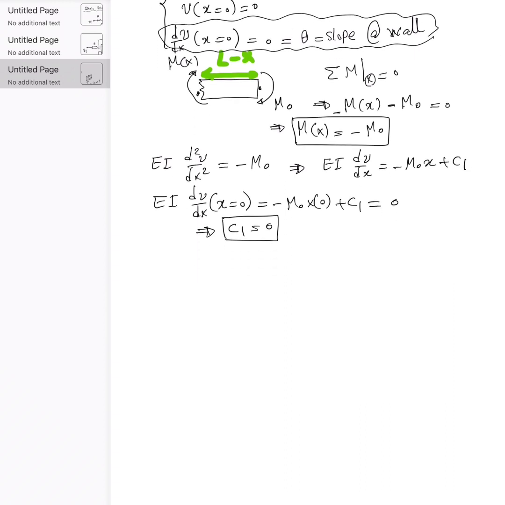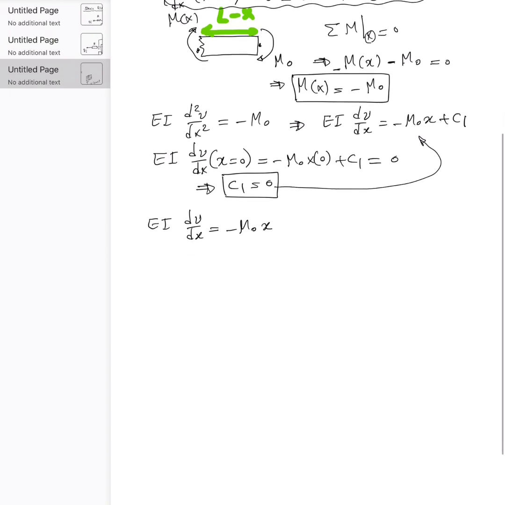So far, my equation is EI dv/dx is equal to negative M0 x, because C1 is 0. Go ahead and do the second integration.